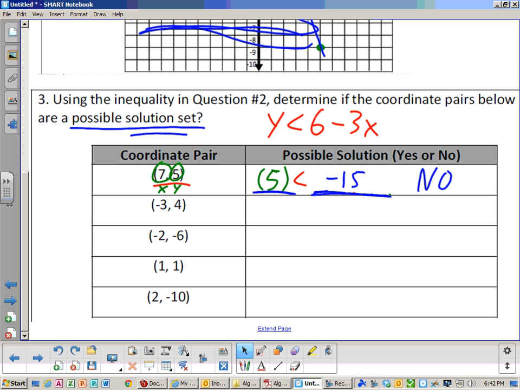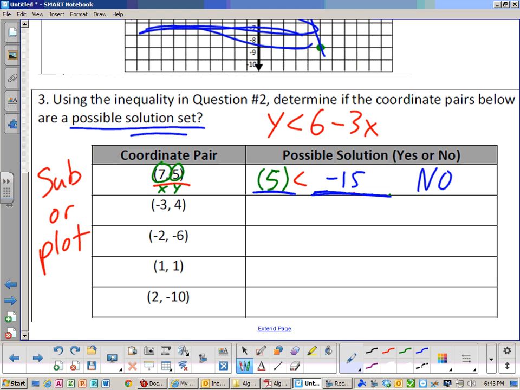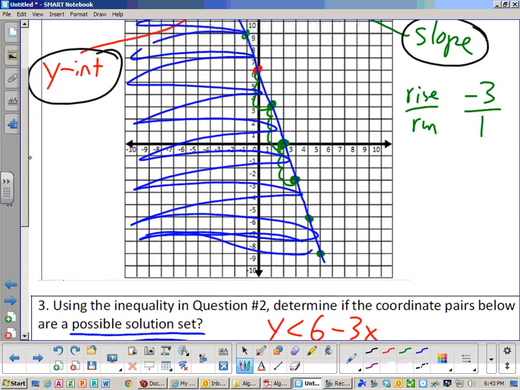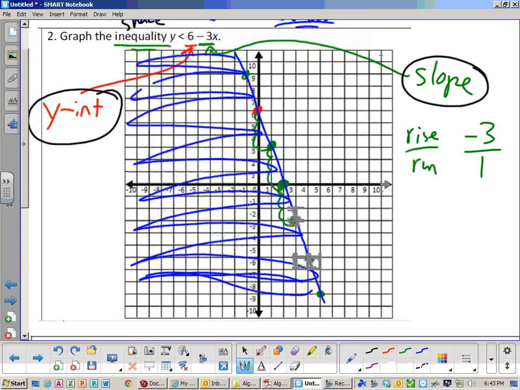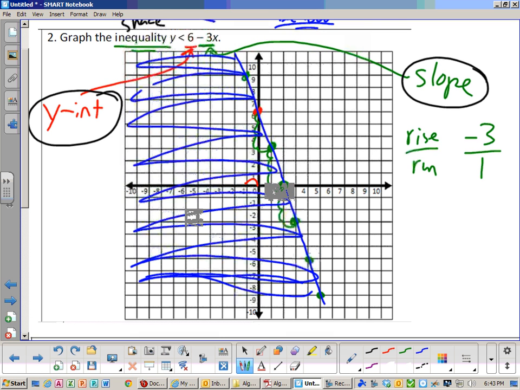The other way besides substitution is to plot the point. You could plot it on your graph to see if it's in the solution set. So I'm going to grab this point, negative 3, 4. Negative 3 is 1, 2, 3, and 4 is up here.